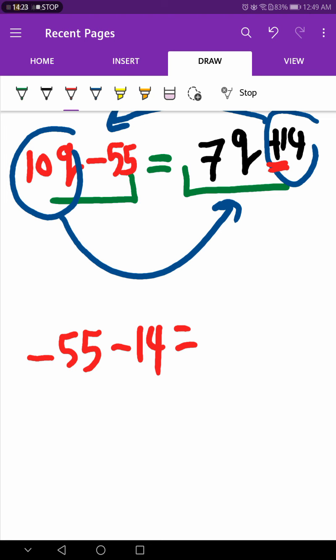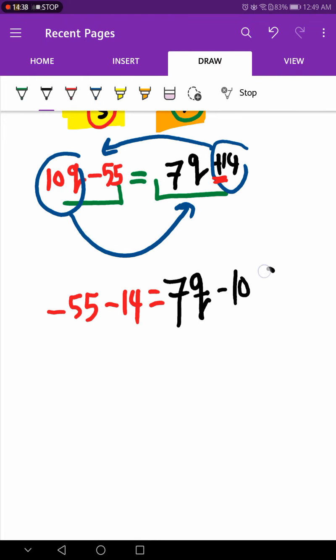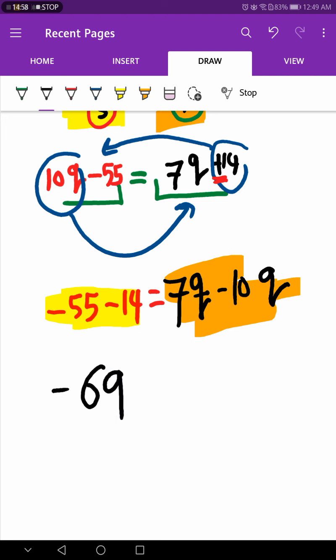And also 7Q, the 10Q will be negative 10Q. Now this is the left and this is the right. Okay, negative 55, that means he wants from me 55, and negative 14, he wants from me 14, that means it is negative 69 in the left side equal 7 minus 10.